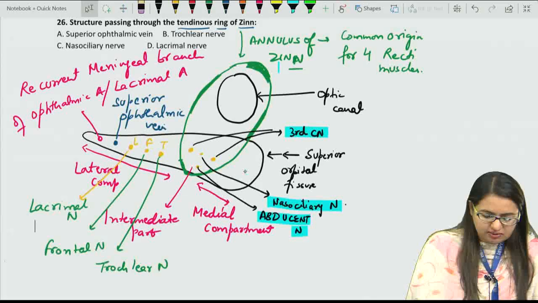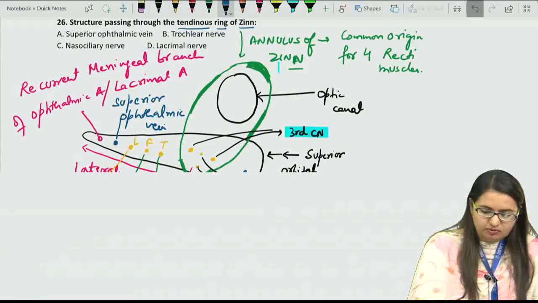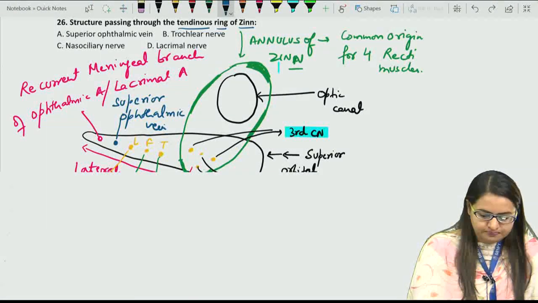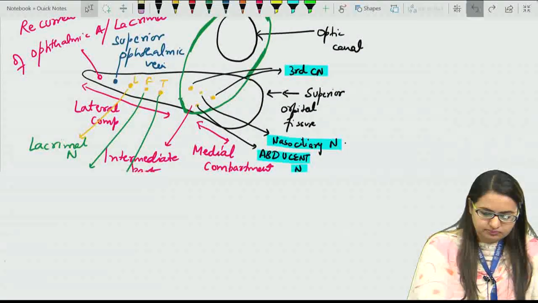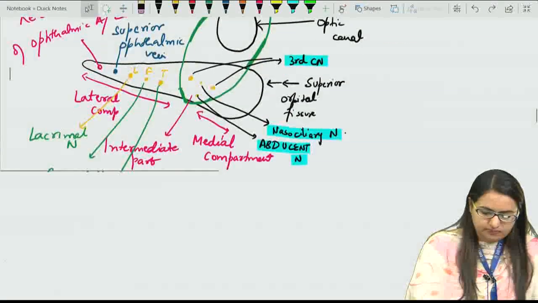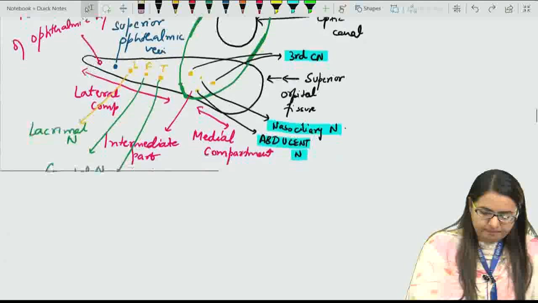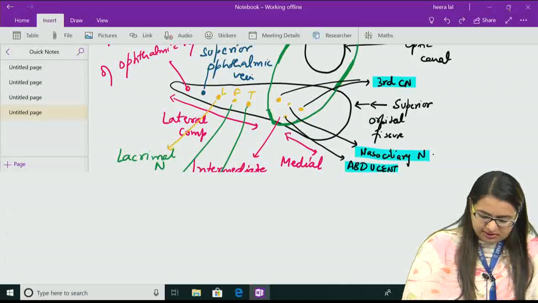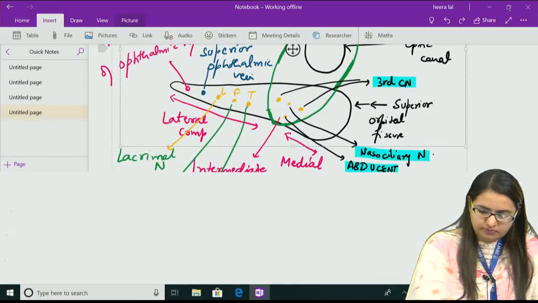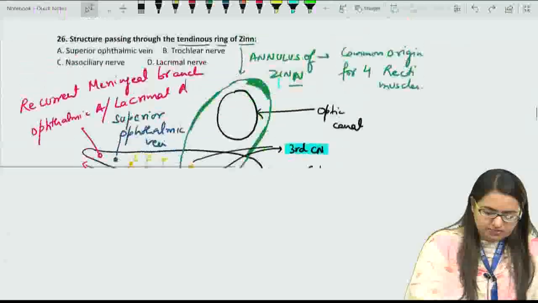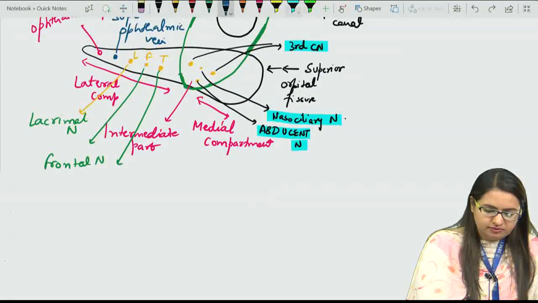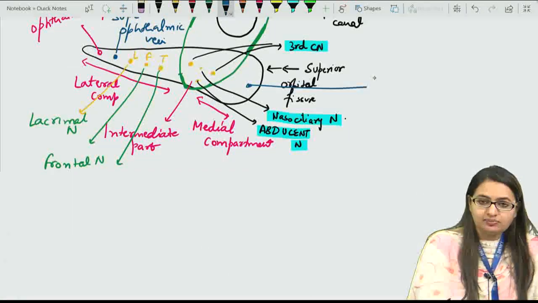Now if we come towards the medial compartment, only one structure passes through it. Towards the medial side, the vein passing through is the inferior ophthalmic vein.